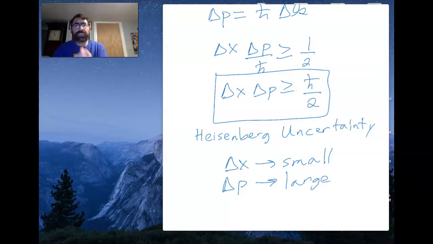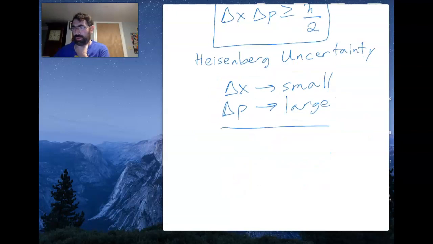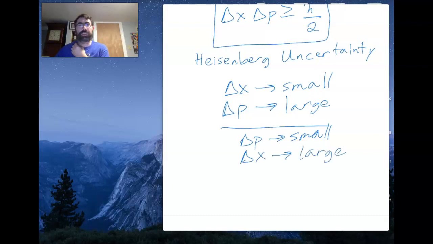Or if I really try to constrain its knowledge of its momentum, if I make the error in the momentum small, the uncertainty about our knowledge of momentum is now small. I've chosen basically a very, very small range of momenta. Then its position knowledge becomes very large. The uncertainty in its position becomes much bigger.